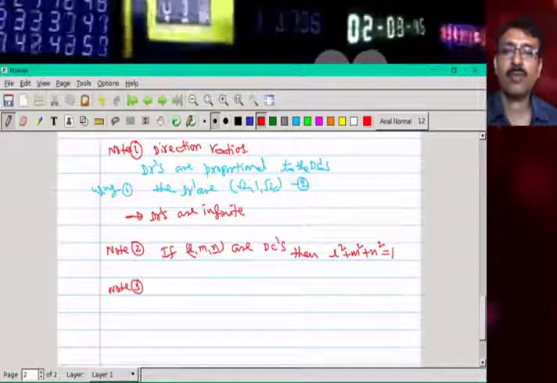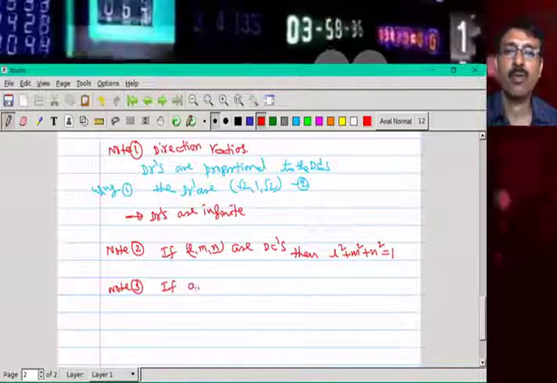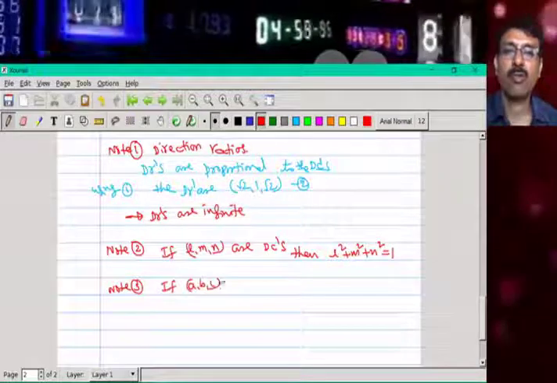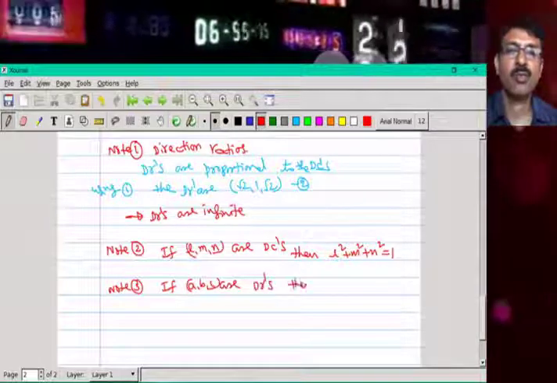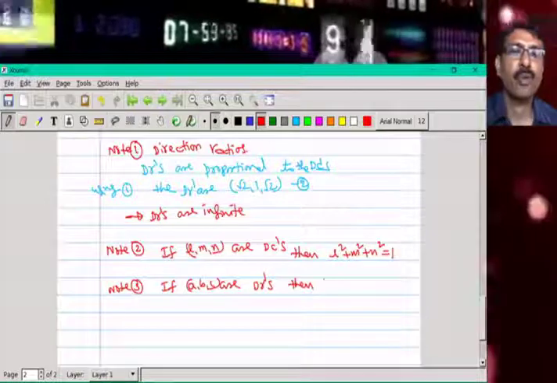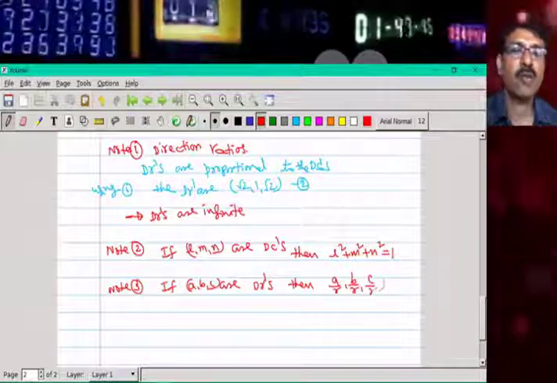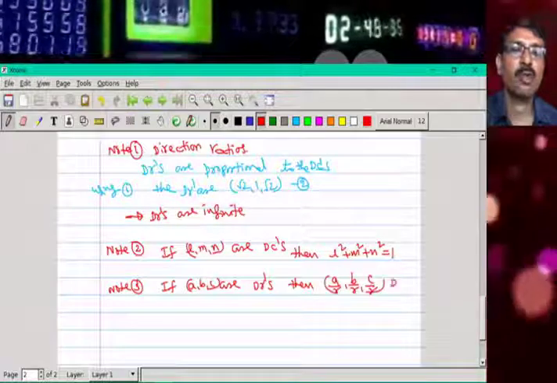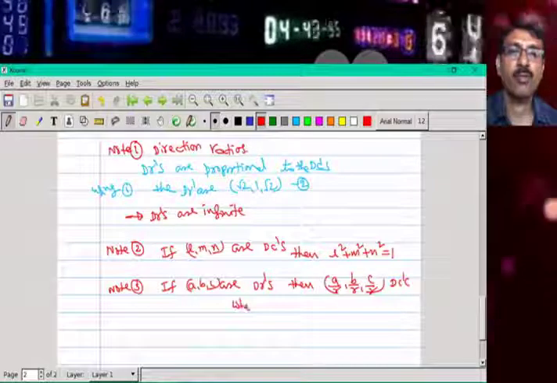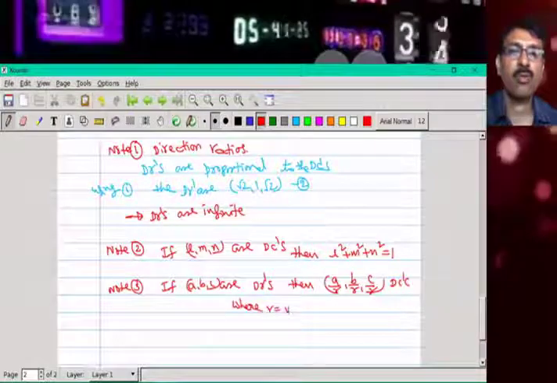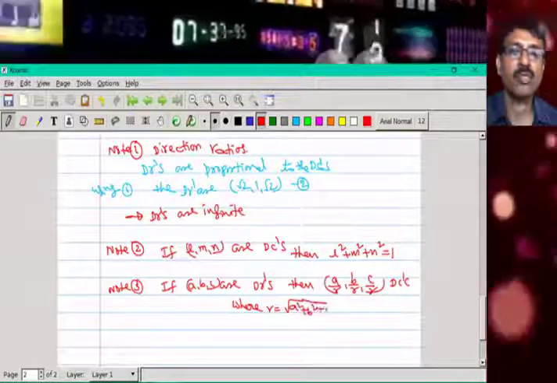And note 3: if A, B, C are DRs, then A by R, B by R, C by R are DCs, where R equal to under root A square plus B square plus C square.